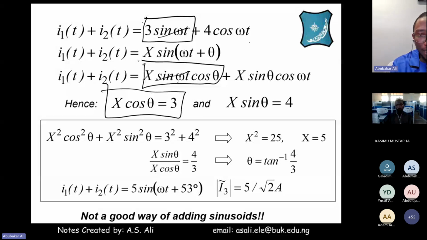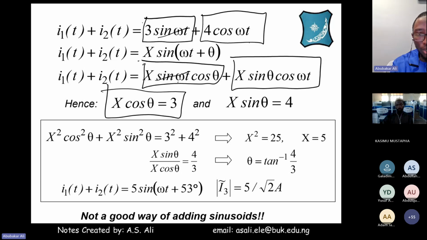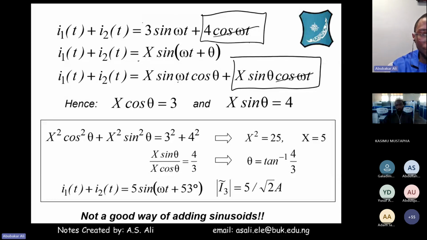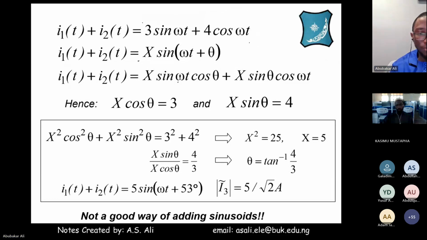And let's compare the second part, this one and this one. So you cancel this, you cancel this. So that means 4 equals x sine theta. Now that we've established this, we can say, okay, why don't I put x cos theta here in place of this, and also do the same for this one, and then also invoke trigonometric analysis.